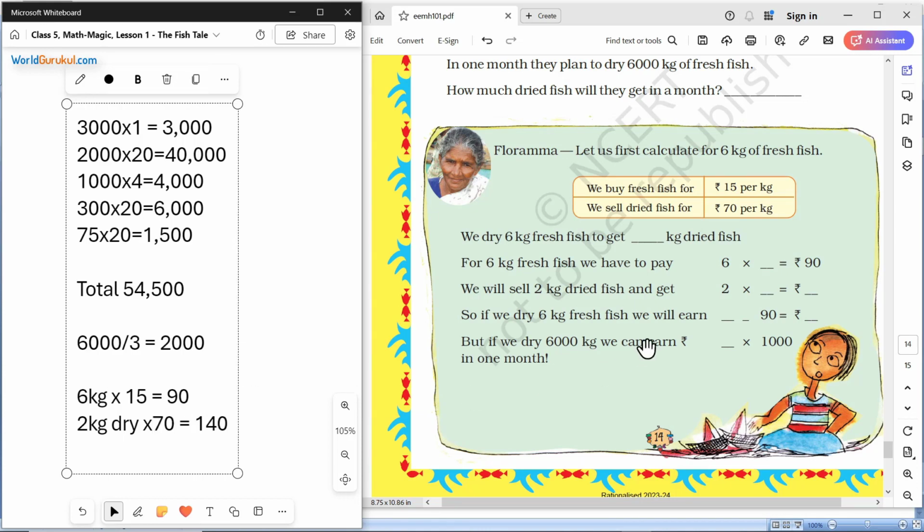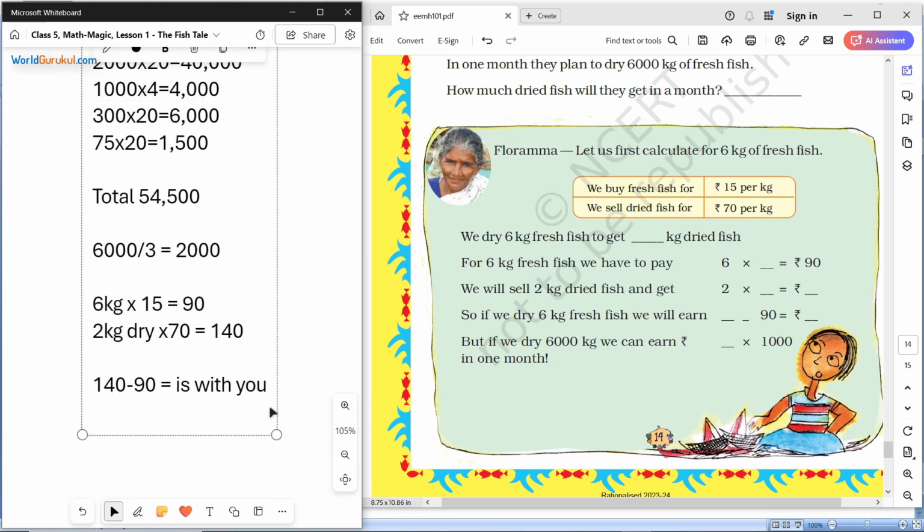Wow. You got how much profit? 90 rupees you purchased. You processed it. The processing cost will be there, of course. But above that, the selling cost is 140. So you got 140 minus 90 with you.